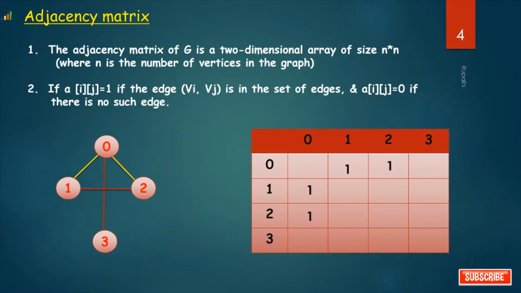Next I consider this edge 1 to 2 and 2 to 1. So 1 to 2 means here, and 2 to 1 means here.